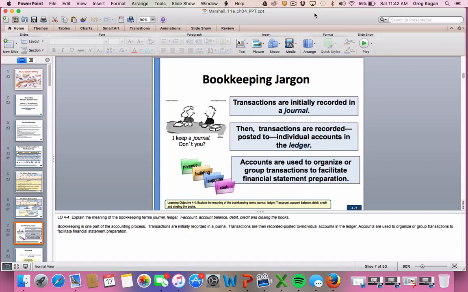If you think in the context of what's going on right now with information technology, as I'm sure you all know, a lot of this stuff is now so different. You don't sit there and figure out debits and credits. There's software that you put this into, and it picks it up.